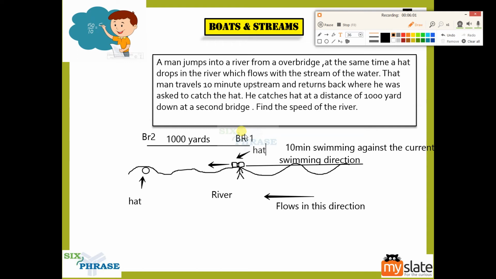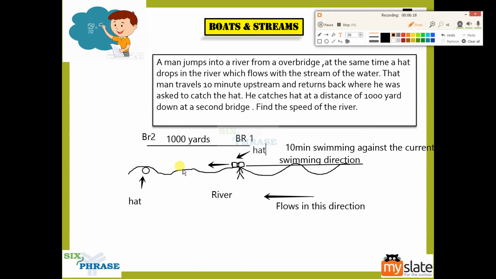The guy jumps into the river at the bridge, and at that exact point the hat falls. Once he jumps, he starts moving to the right by swimming against the current, and the hat moves to the left hand side with the current.